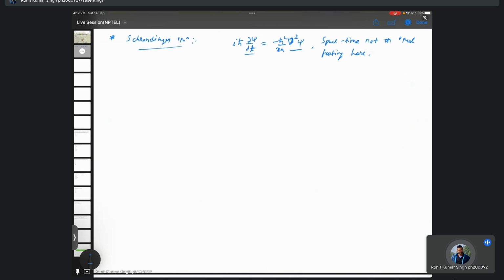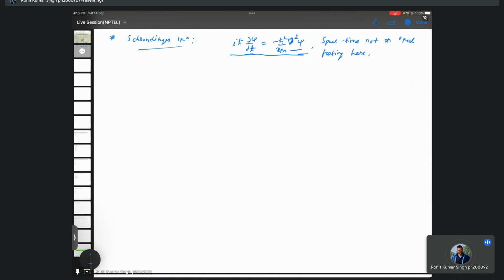Although this equation is fine for the non-relativistic case, when we go on to describe particles in relativity, we need something else, because we know that in relativity we have different frames, and an equation should be covariant between different frames.